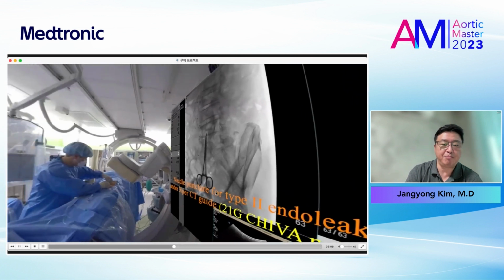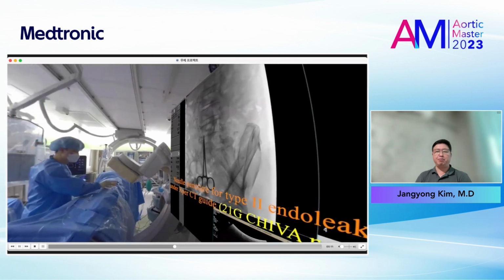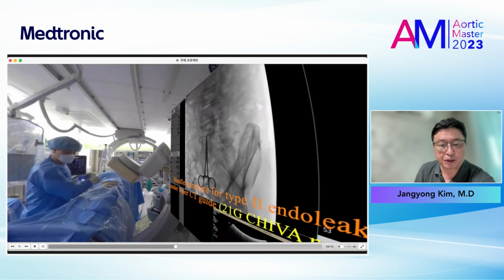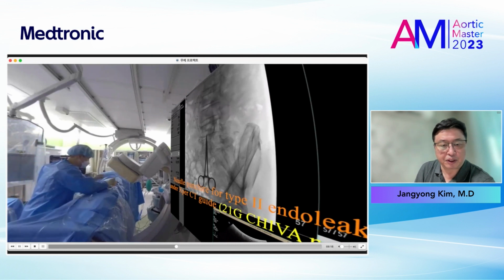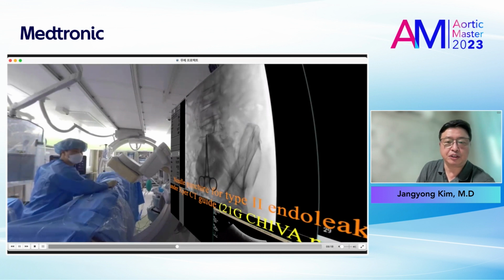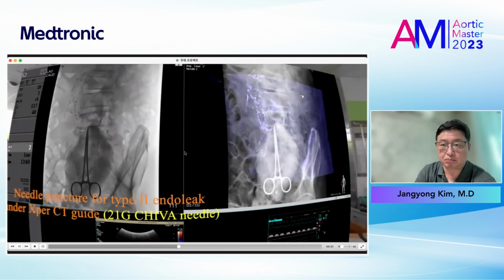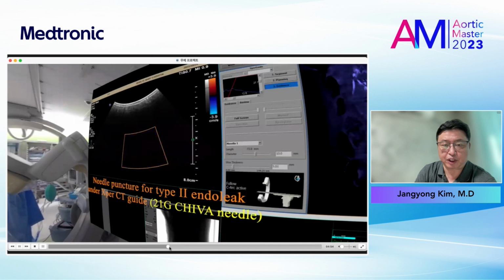So this time we did the cone beam CT. This is the target. Sorry, we need to go back.